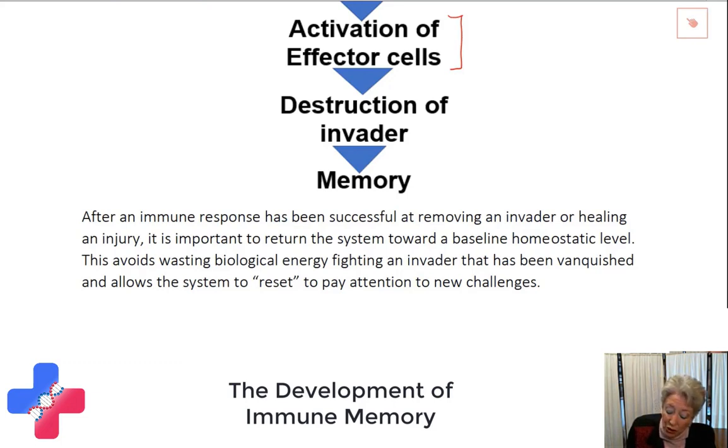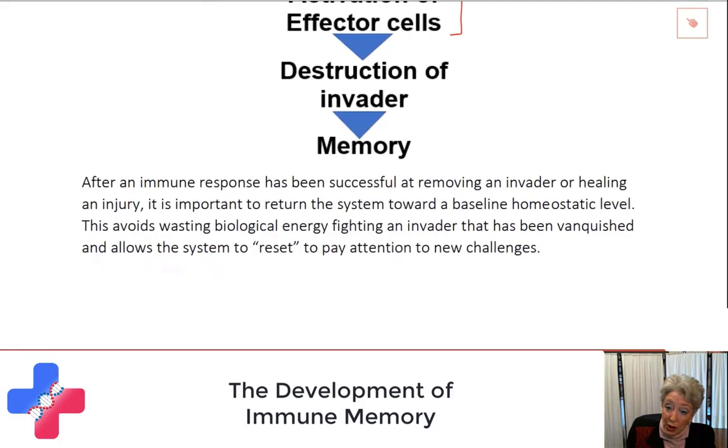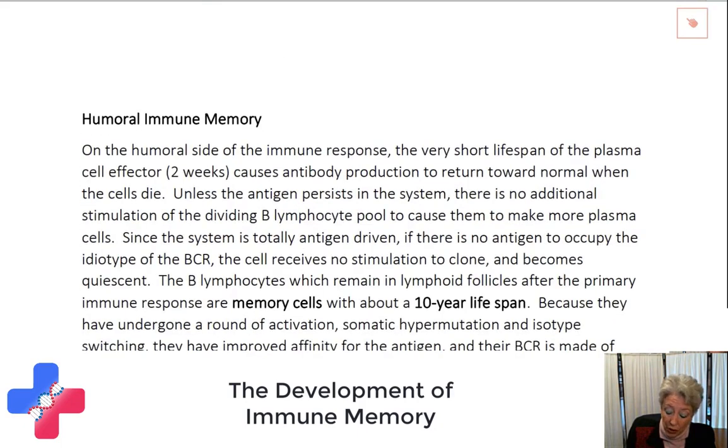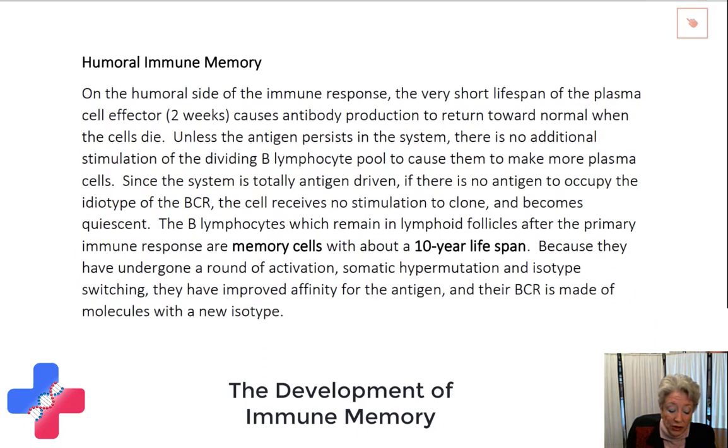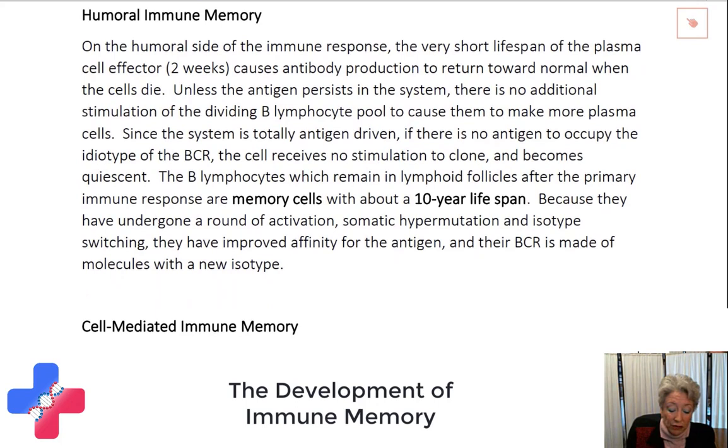So now, as we need to reset this response for the future, realize that it's fairly simply done in the context of the humoral immune response because of the fact that there is a very short lifespan of the plasma cell, which is the effector on that side of the immune response. Those cells live only 2 weeks.